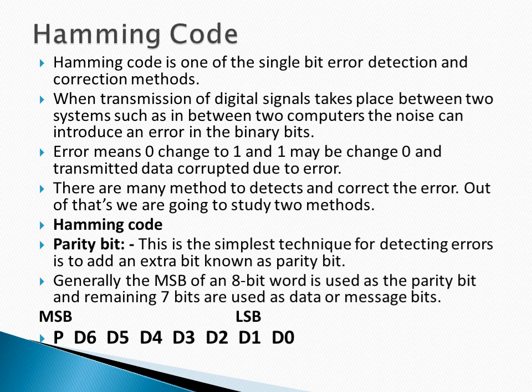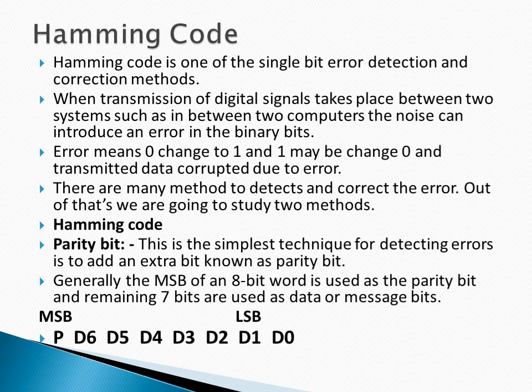When we are generating the Hamming code, there is a parity bit present. Parity is the simplest technique for detecting errors: add an extra bit, which is known as a parity bit. Generally, the MSB of an 8-bit word is used as the parity bit and the remaining 7 bits are used as data or message bits.